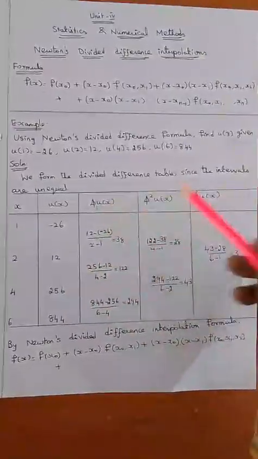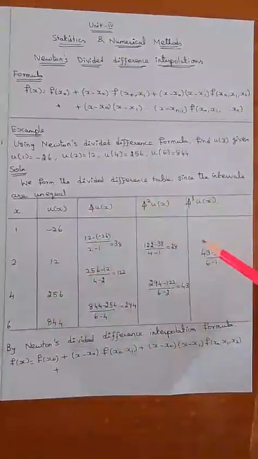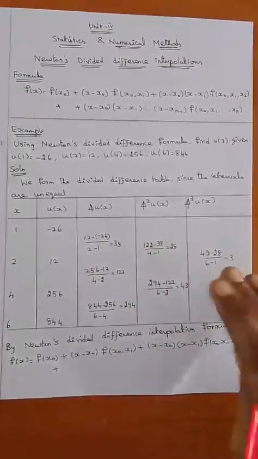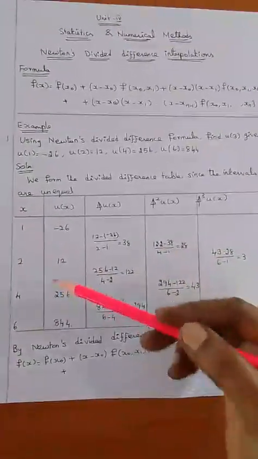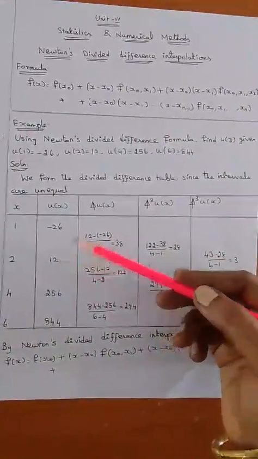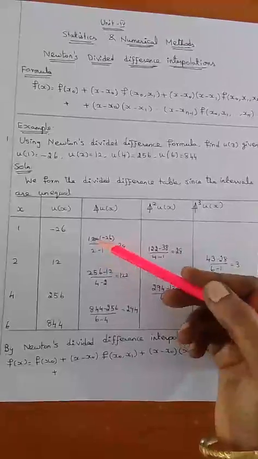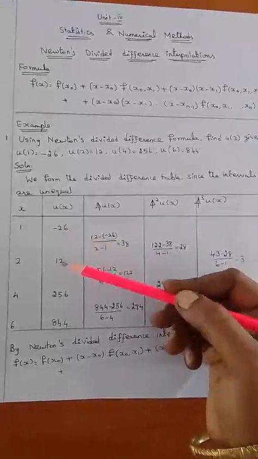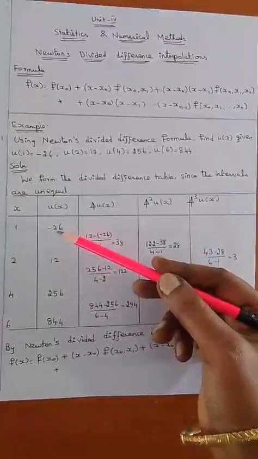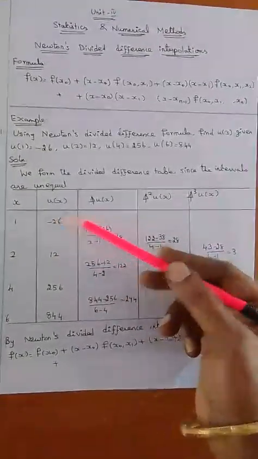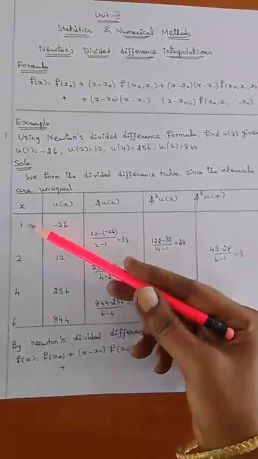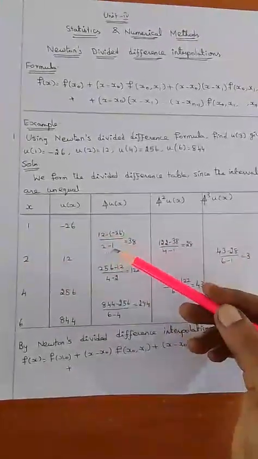Now we have to form the divided difference table. This table is also asked for 2 marks. The first divided difference is the difference of the u values in the numerator: 12 minus of minus 26, divided by the corresponding x values, 2 minus 1.